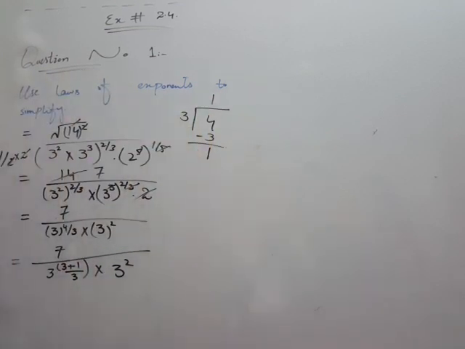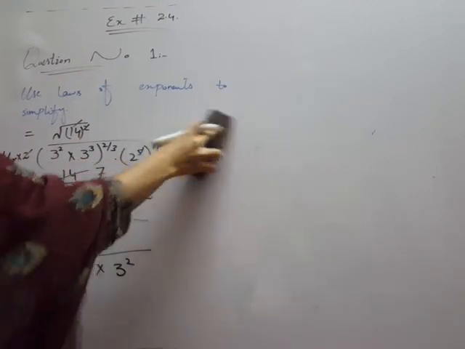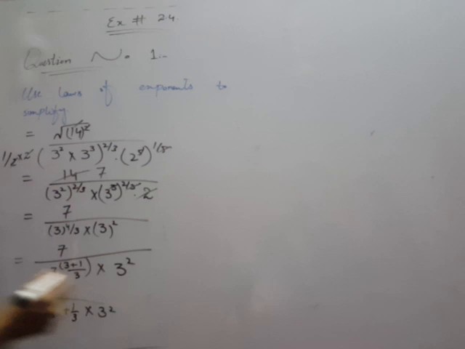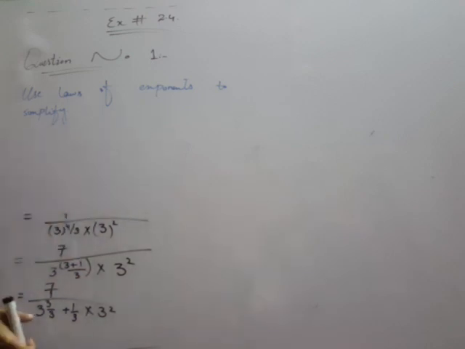So I can say this is 3 plus 1 by 3. This will be equal to 3 raised to power 3 and plus 1 by 3. I can separate this, so this will become 3 raised to power 3 by 3 plus 1 by 3, multiplied by 3 square.